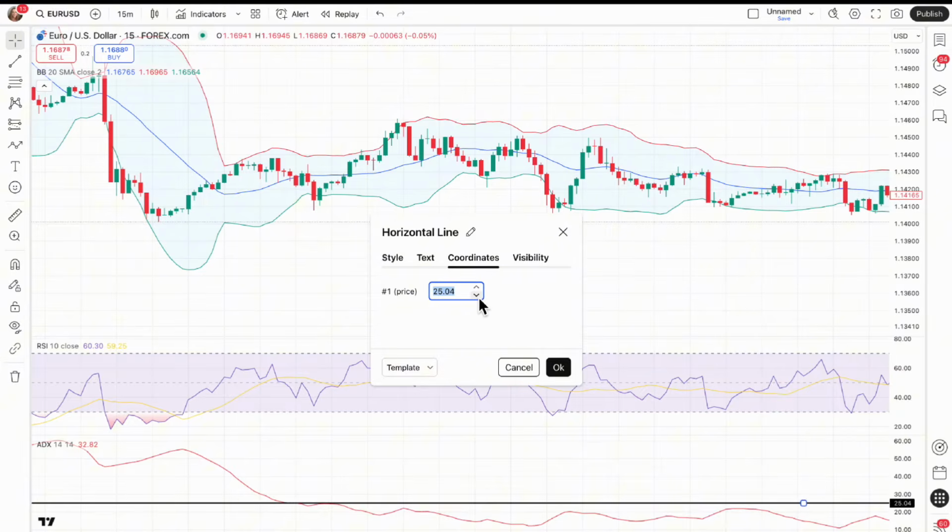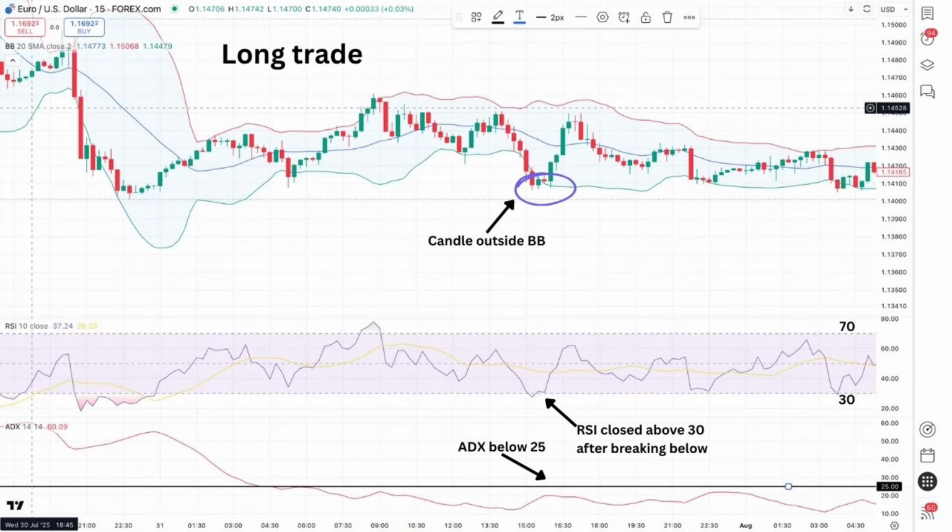So here are the entry rules for the trade. For a long trade, your RSI must close back above 30 after having dipped below. So you'll see that it goes into oversold territory, but then it comes just above 30 again. Next, you want to make sure that on that same bar, the ADX is below 25.